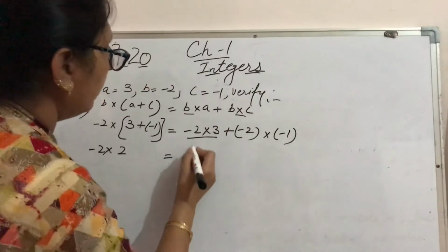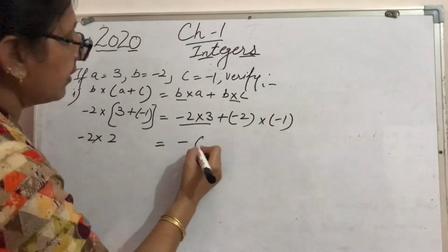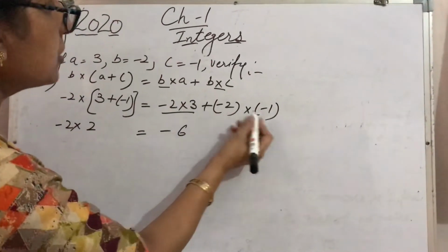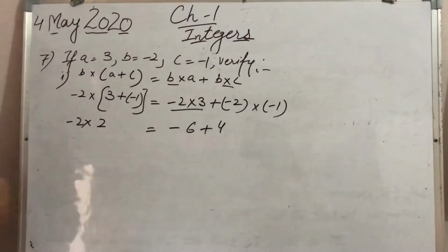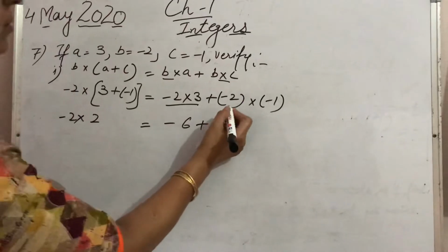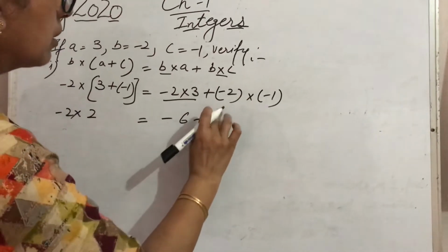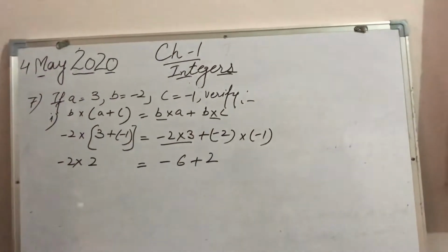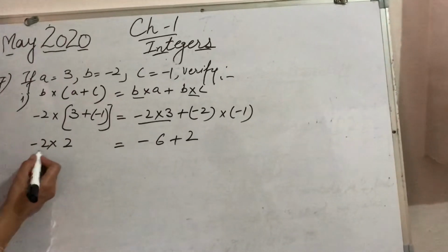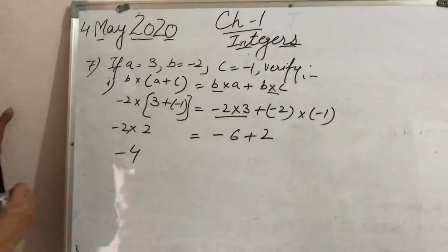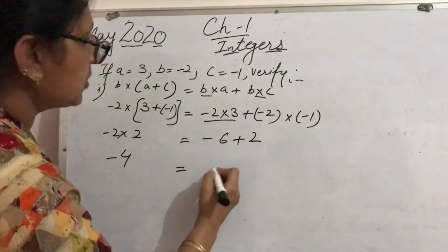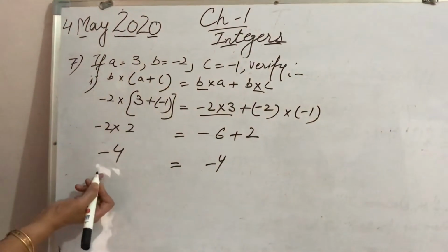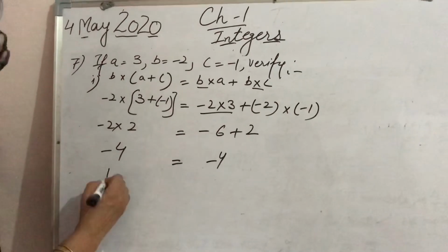Now multiply, 3 2s are 6, minus. Then minus minus plus, 2 1s are 2. Then 2 2s are 4, minus, equal to -6 plus 2 equals -4. So -4 equals -4, hence this is verified.